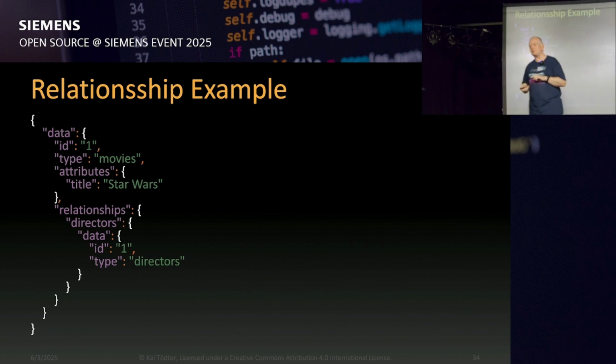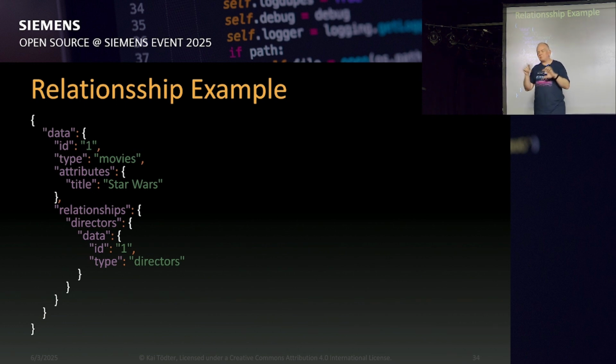And when it's rendered, basically it's a new field called relationships. And then you would say, okay, we have a movie here called Star Wars. The type is movies, the ID is 1. And then we have relationships to a director.